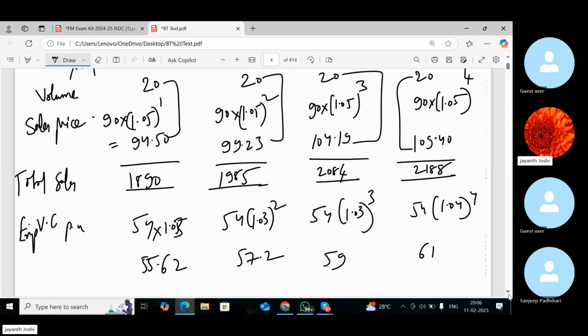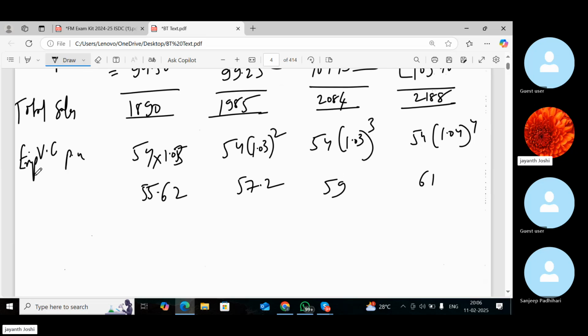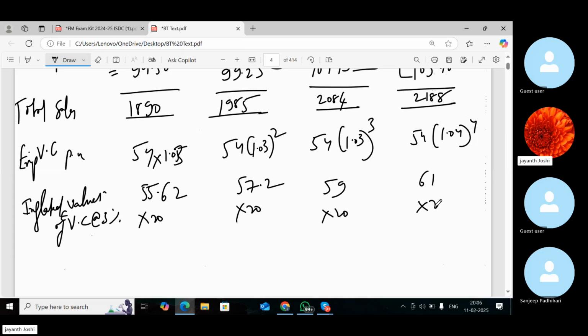I've taken rough, approximate values, the inflated values of the expected variable cost at the rate of 3%. We have done the inflation adjustment, and multiplying by 20,000 units, we'll get the total variable cost. So we'll need to multiply this as well.